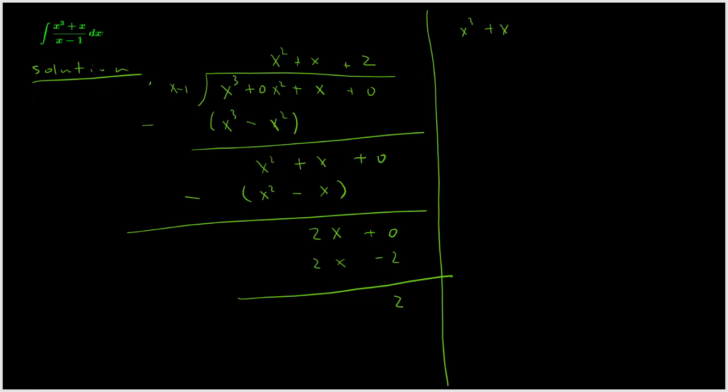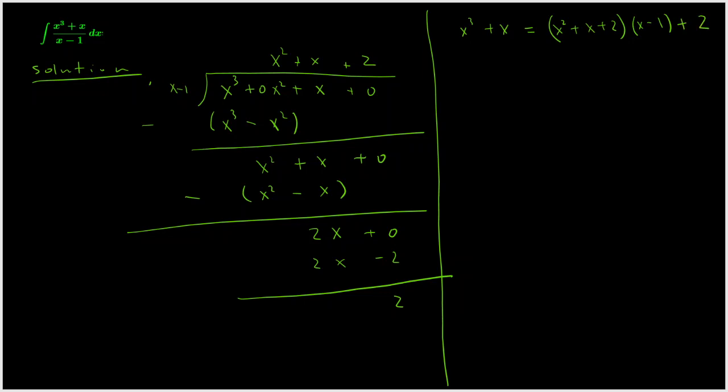The dividend is equal to the quotient times the divisor. The quotient in this particular case is x squared plus x plus 2. The divisor is x minus 1, and then plus the remainder.